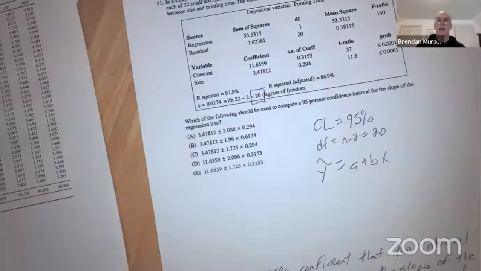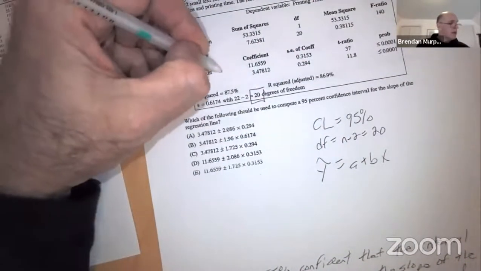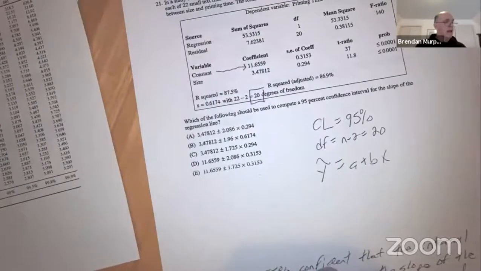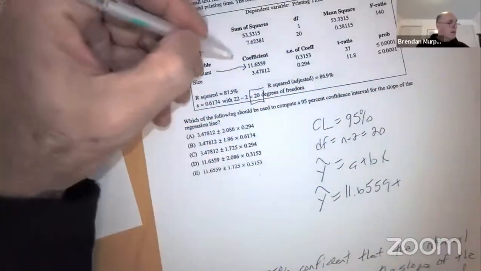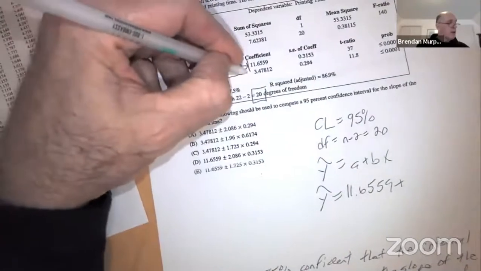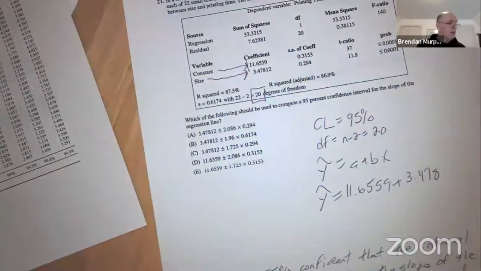Let's come up with my least squares regression line. Again, all of this data is based upon those 22 data points. So constant coefficient, again, that's going to be my A value. So y hat equals 11.6559 plus the coefficient that goes with the size, I guess that's the size of my file, 3.478.